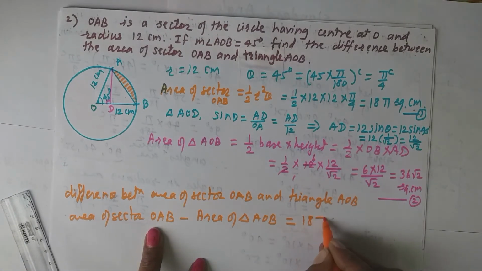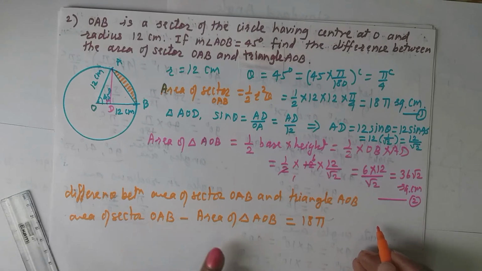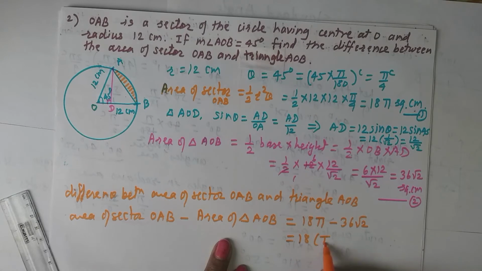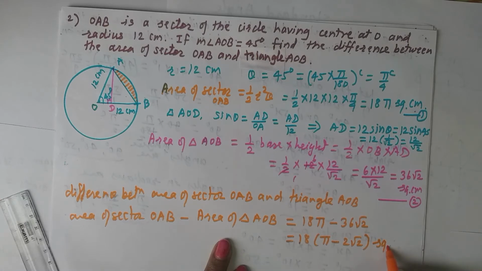That is 18 pi from equation 1. And what is the area of triangle? From equation 2, it is 36 root 2. Then if I take 18 common, this is nothing but 18 into pi minus 2 root 2. And as it is a difference of area, you write down the unit, square centimeter.